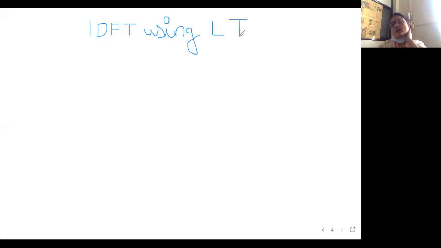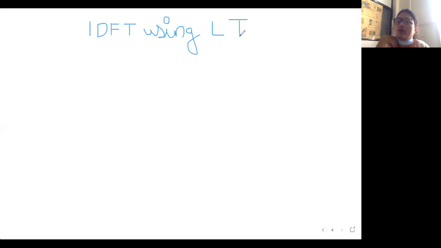So tell me, what is the IDFT formula? What do we do in the IDFT? We convert the signal in the frequency domain back into the time domain. It is exactly the reverse procedure of the discrete Fourier transform.